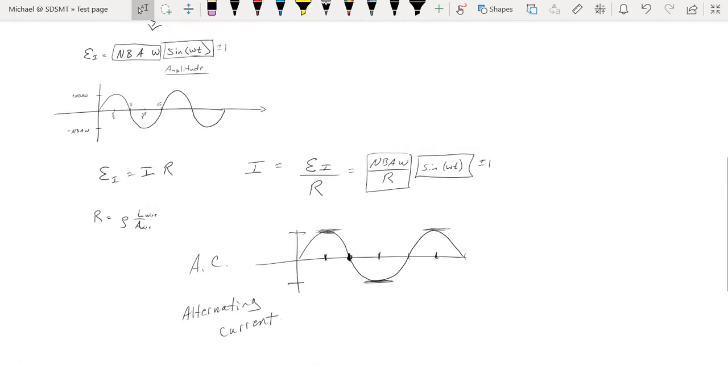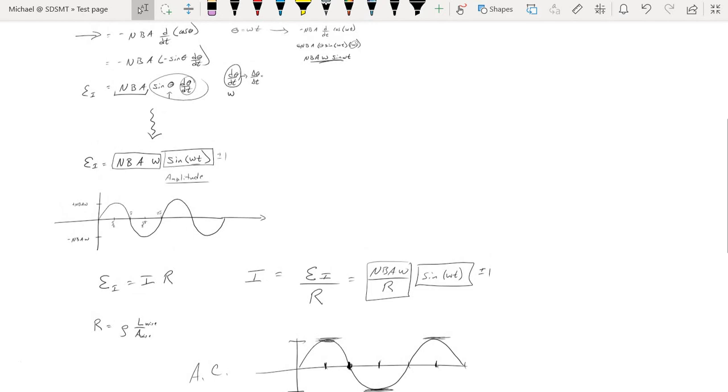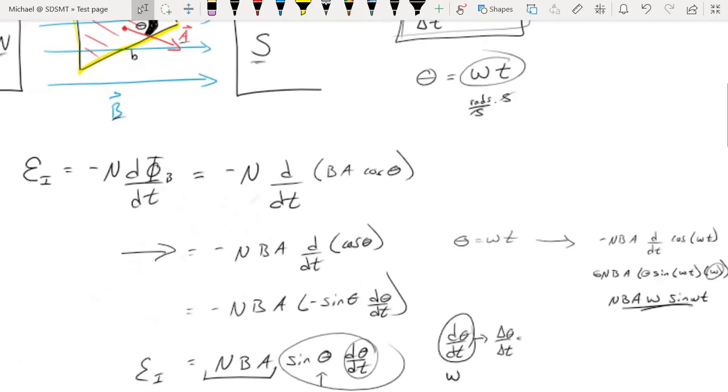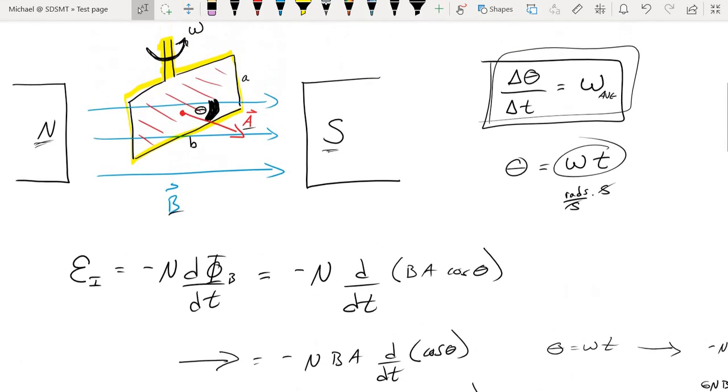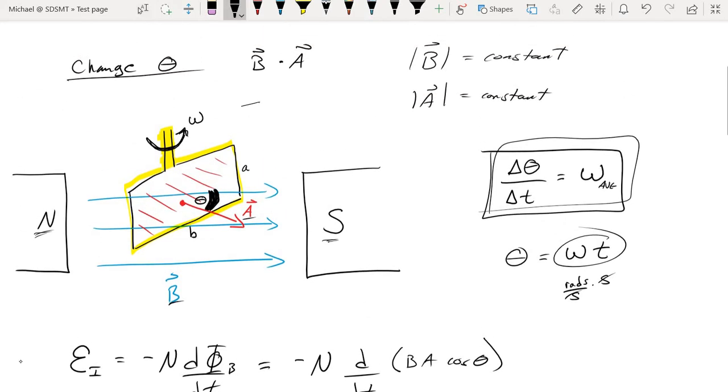But not every EMF or current is going to alternate at the same rate. The rate with which our EMF switches back and forth is going to be determined by the rate at which we spin that coil.